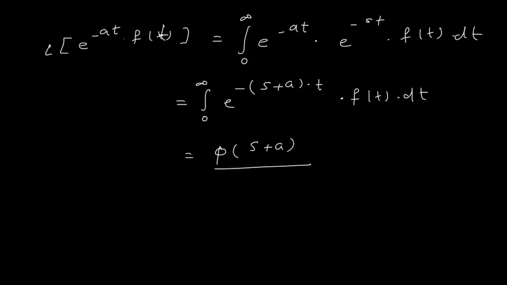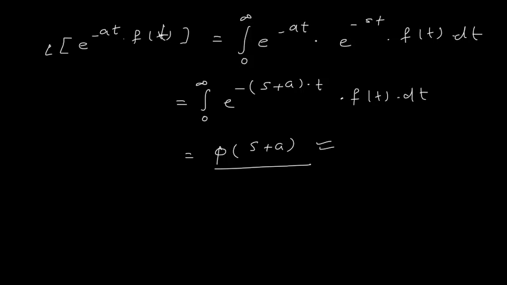By definition, what are we writing here? The term which is in the power of e power minus st, we omit that and write the rest of the term. So Laplace of e power minus at into f of t is phi of s plus a. This is your proof. So let us see a few questions based on this.